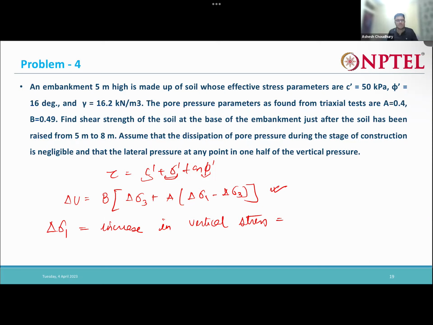Due to the construction, my height of the embankment is raised from 5 meter to 8 meter. So due to this, there is an increase in vertical stress at the bottom of the embankment. Initially it is 5 meter, now it's 8 meter. So here the vertical stress will obviously get increased, right? So can you please tell me what is the increase in vertical stress due to this construction?